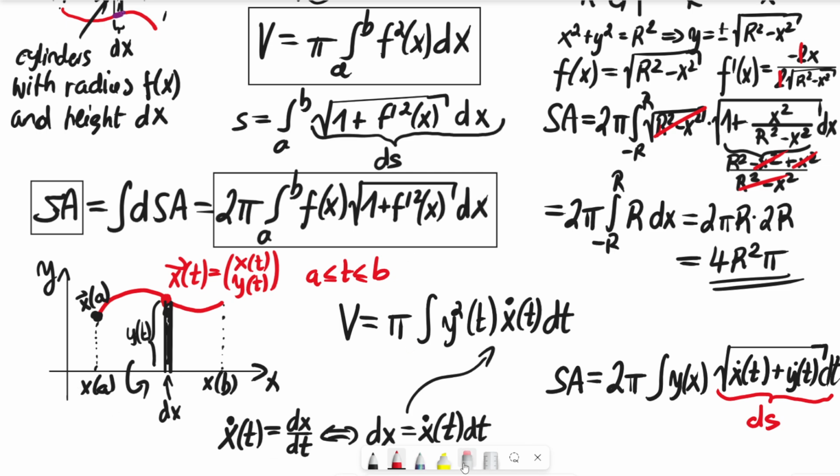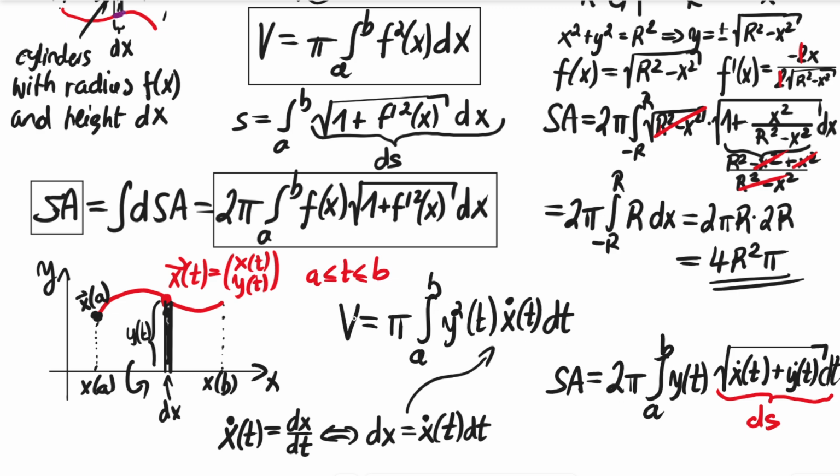I see there is a tiny typo. I accidentally wrote y of x here. I meant for sure y of t. And also what I forgot is the integration limits. So t is running from a to b for both.